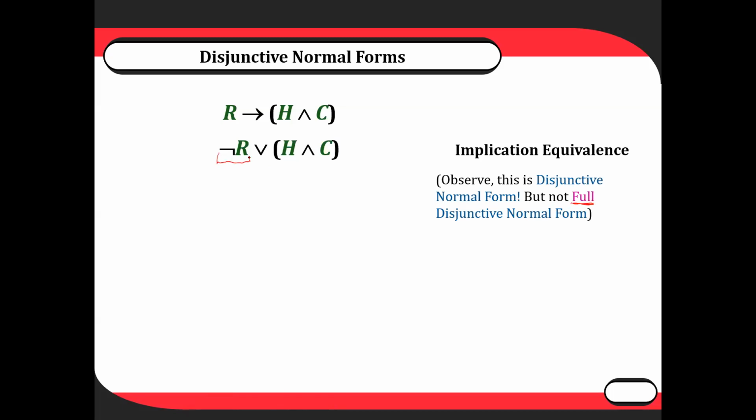This is a conjunction, technically speaking, and this is a conjunction. Now we want to put it into full disjunctive normal form, which means we want to get the R in here, and we want to get H and C over here.